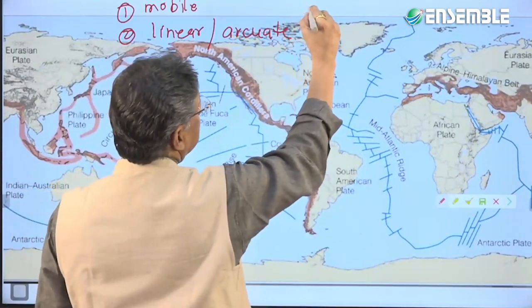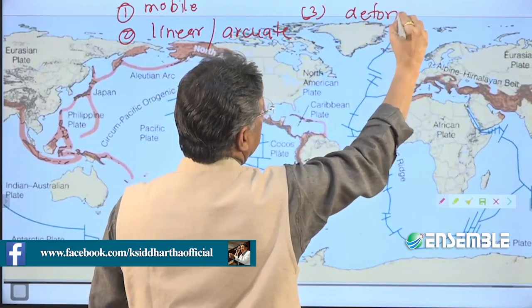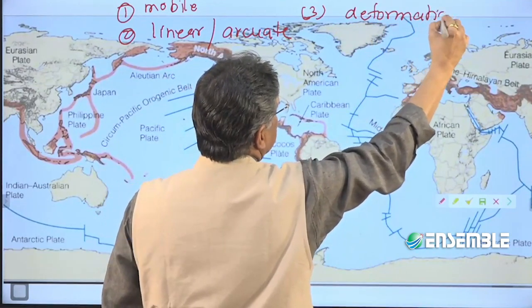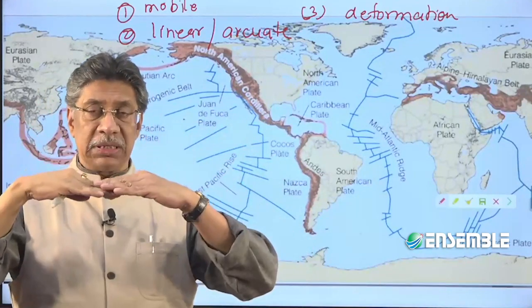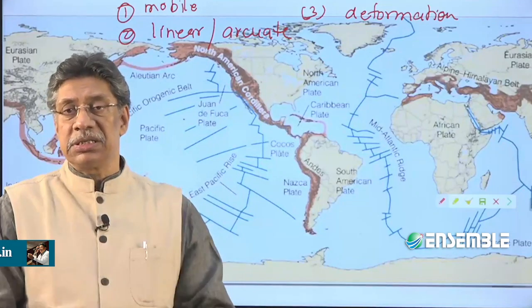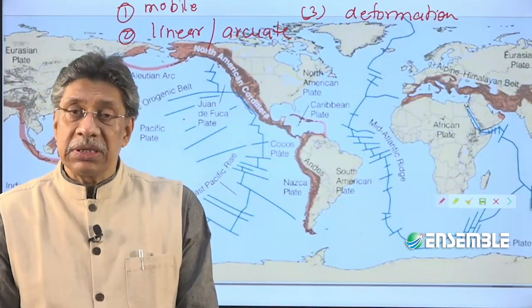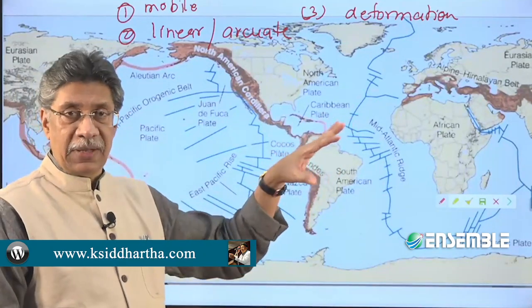That means the third characteristic is associated with deformation. Deformation, that means it has undergone faulting. That means so many types of forces have acted over it that have deformed it, that have completely changed its shape. And because it has changed its shape, it has led to formation of these types of mountain belts.